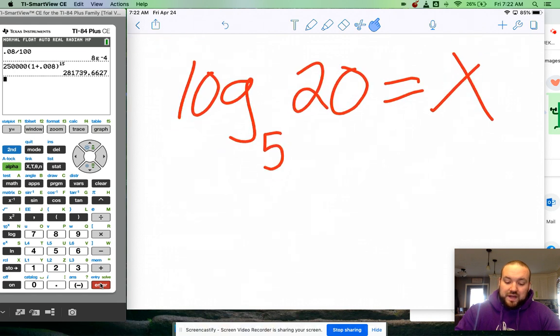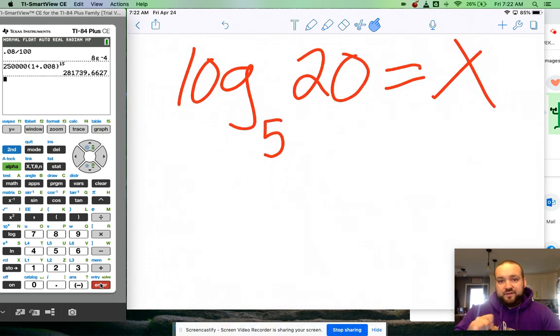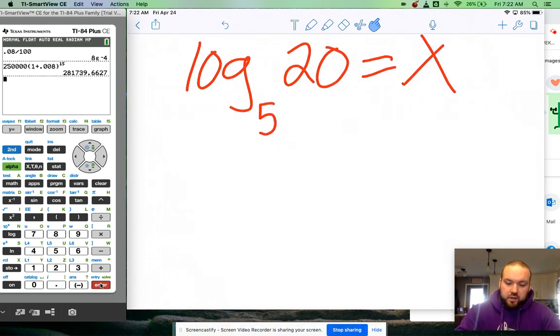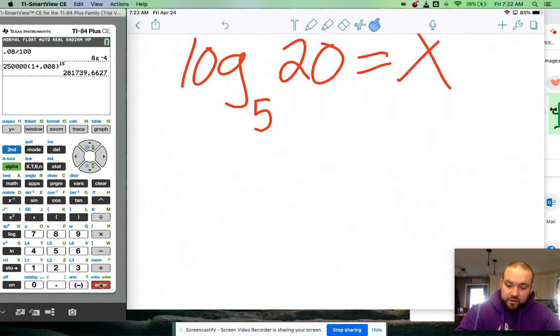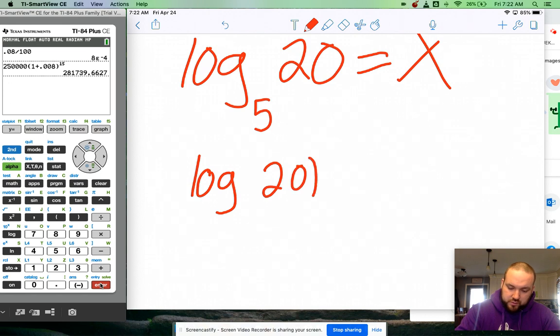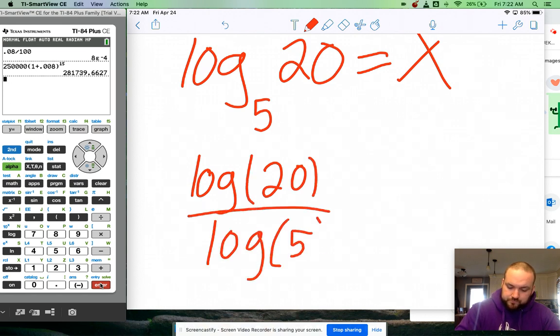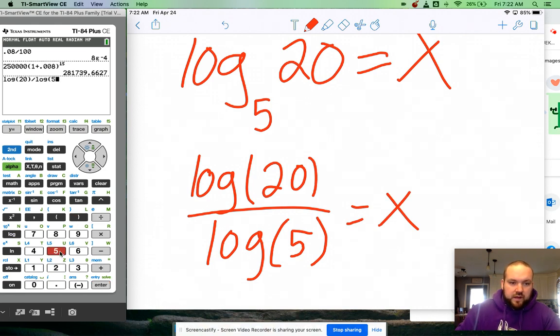But what I can do now is type log base 5 of 20 in my calculator. And remember, there's no log base 5 button on a calculator. But what we saw is the change of base formula allows us to do this by typing log of 20 divided by log 5. If I type log 20, close the parentheses, divided by log 5, I get 1.861.